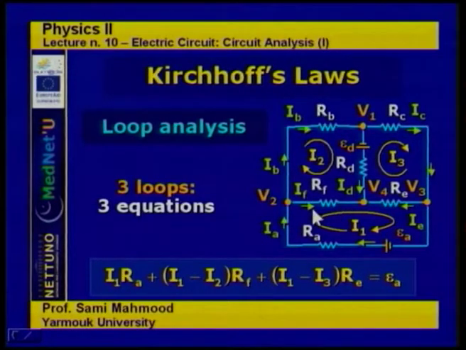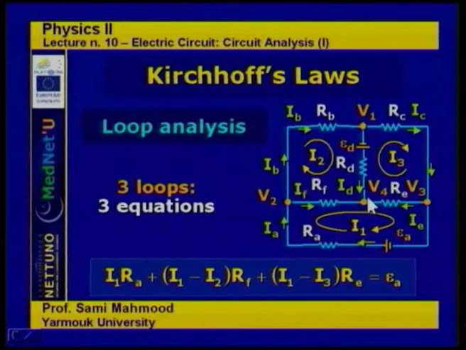And those two currents are in opposite directions. So as we go across the loop, I1 is flowing in the same direction, so plus I1, but I2 is flowing in the opposite direction. So the current flowing in RF is simply I1 minus I2. So I1 minus I2 times RF is the voltage drop across RF.